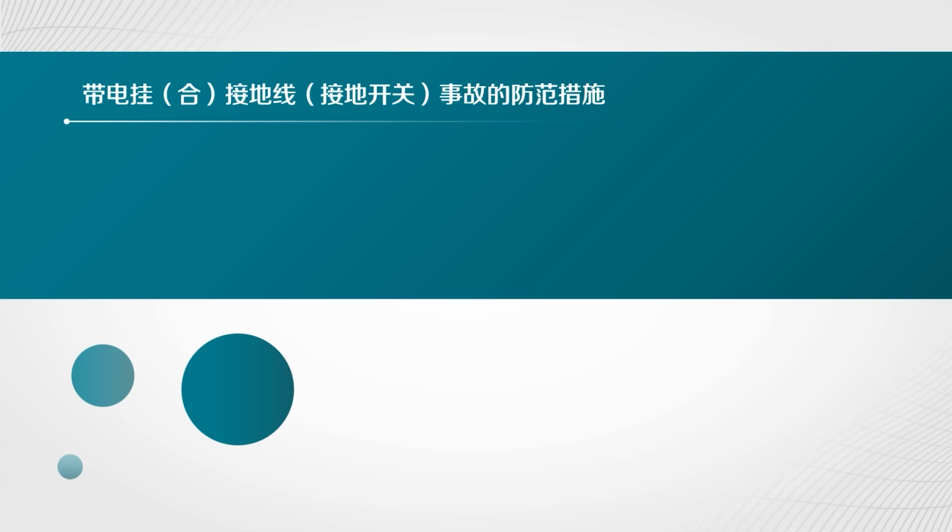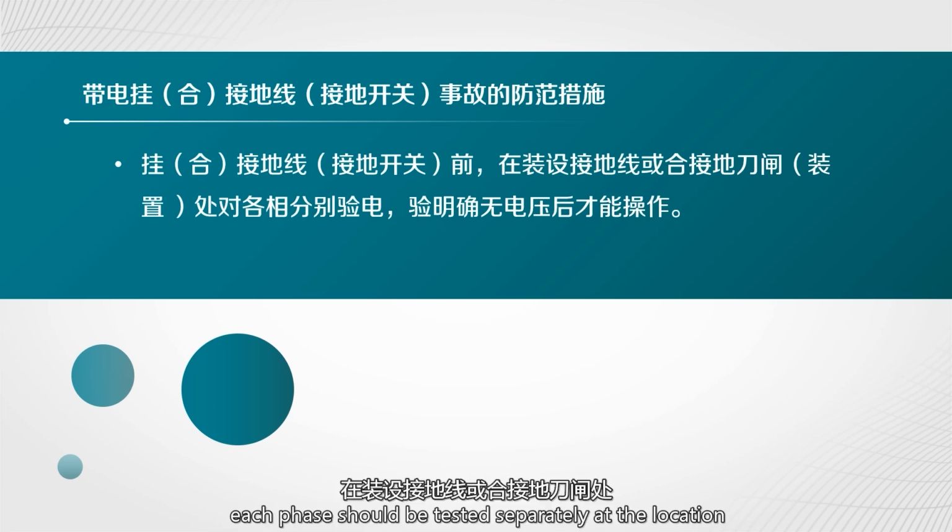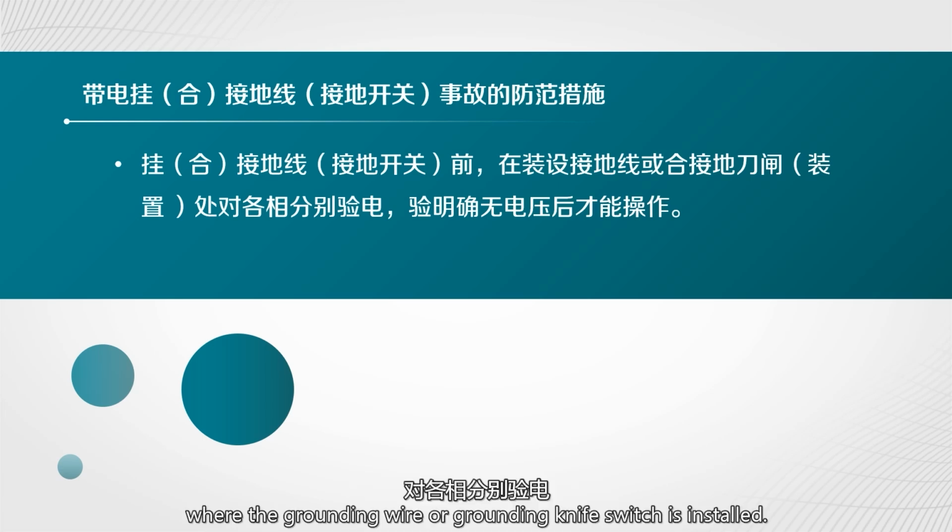Measure 1. Before hanging a grounding wire or closing a grounding switch, each phase should be tested separately at the location where the grounding wire or grounding switch is installed.